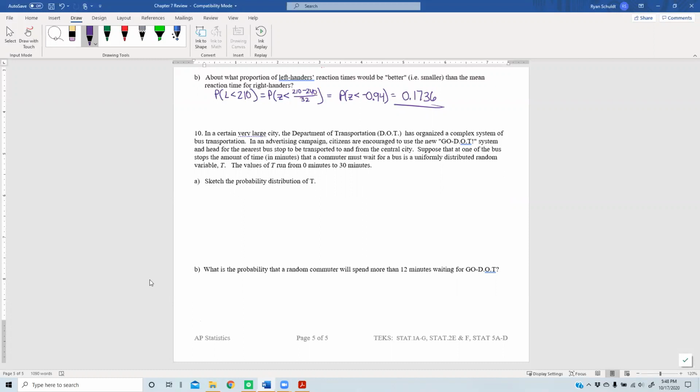Suppose that at one of the bus stops, the amount of time in minutes that a commuter must wait for a bus is a uniformly distributed random variable. That's important here, uniformly distributed random variable. The values of t run from 0 to 30 minutes. Uniformly distributed means all values have the same probability.